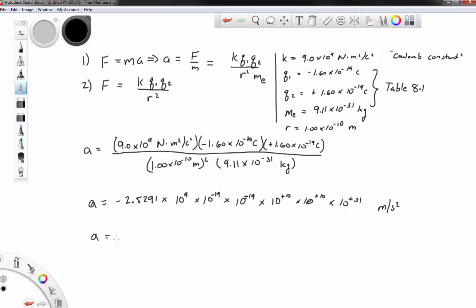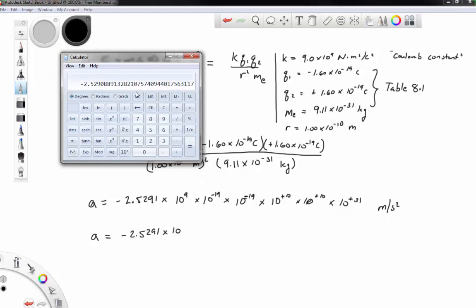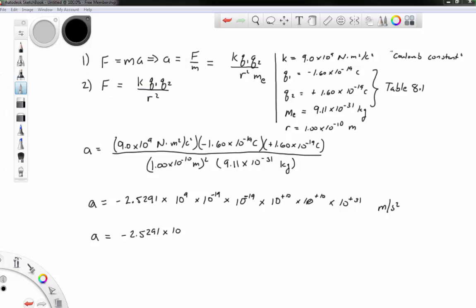So where does that leave us? That gives us minus 2.5291 times 10 to what power? All right, time for this. Plus 9 minus 19 minus another 19 plus 10 plus another 10 plus 31. Ooh, it's a positive 22.